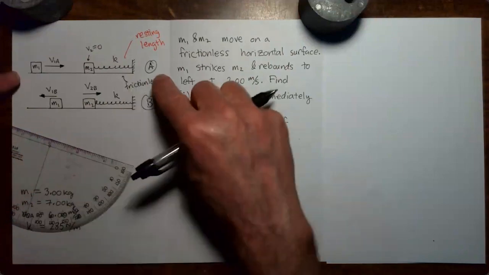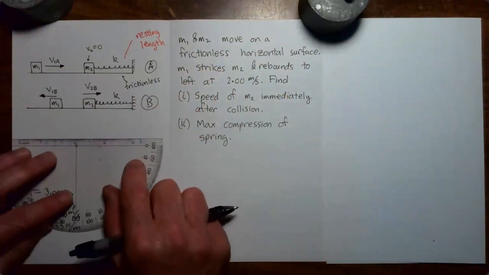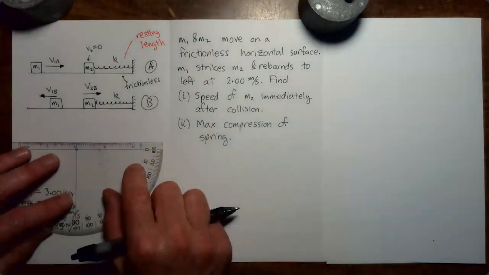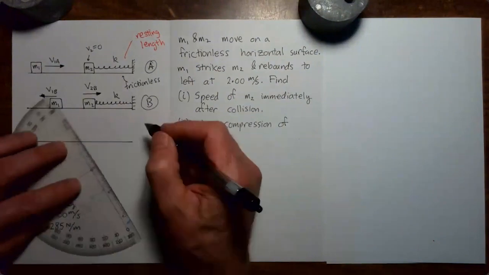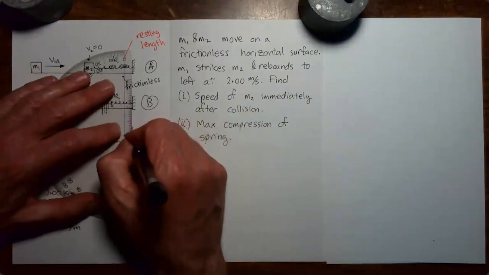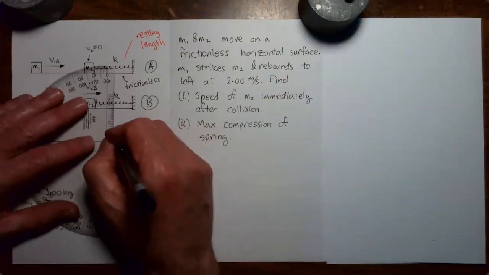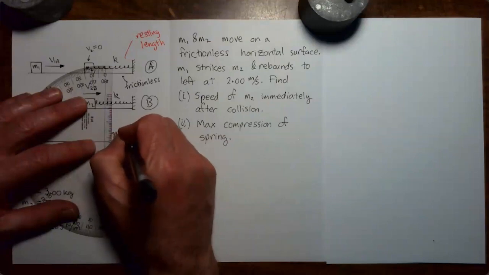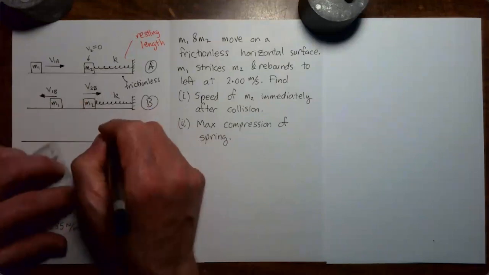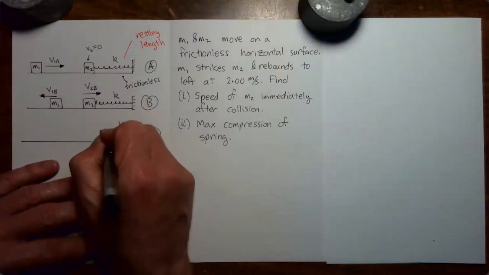So we have one moment of interest right before the collision, one right after. And then our last moment of interest will be with the spring at the maximum compression. Okay, so let's draw that spring scrunched up a bit. Spring constant k, mass 2.